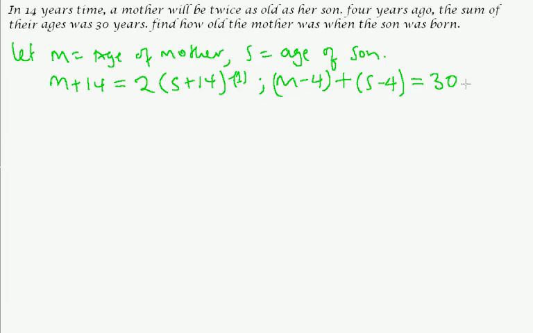So let's use a technique called substitution. Before we substitute, we need to get one variable in terms of the other. So let's simplify this equation. First, equation 1. So m plus 14 is equals to, let's open this bracket, 2 times s is 2s plus 2 times 14 is 28.